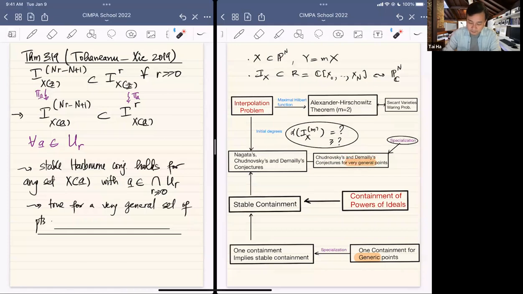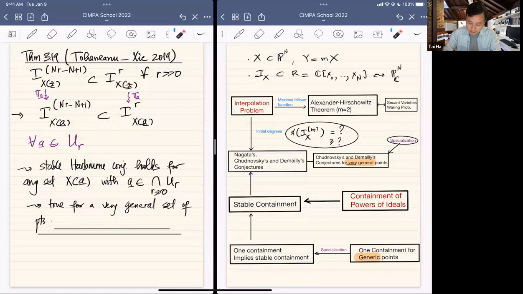And our goal is to get rid of this "very" condition, so just look at a general set of points. In order to do that, what we were looking at is, instead, another problem, which is also very well studied, at least in the commutative algebra community, and that's the containment of powers of ideals, particularly the containments between symbolic and ordinary powers of ideals.